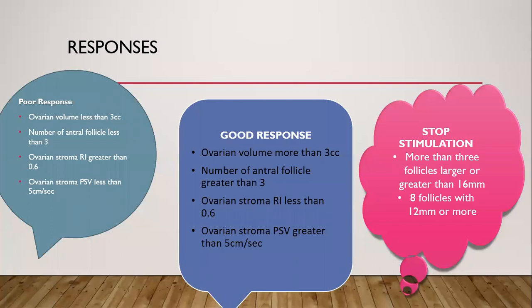Now, overstimulation calls for us to stop the stimulation. Once we get to discover these signs, we need to advise the doctor that I think we are overstimulating this patient and we need to stop. So these are the criteria: more than 3 follicles which are larger or greater than 16 millimeters.